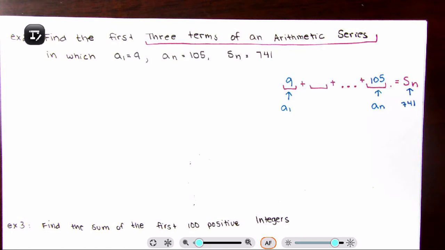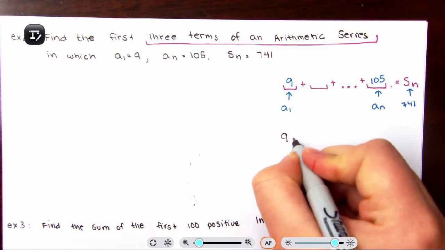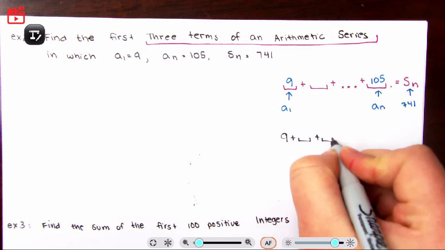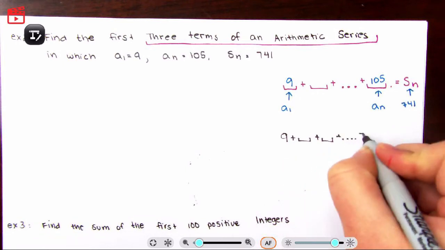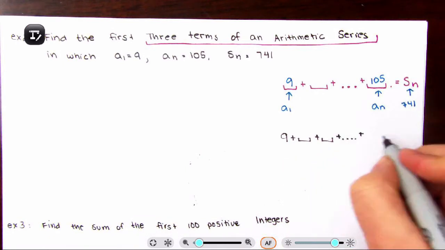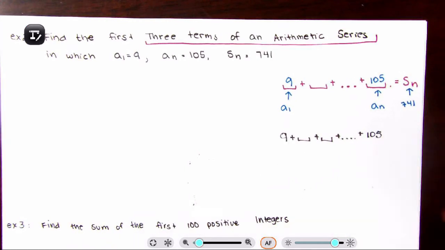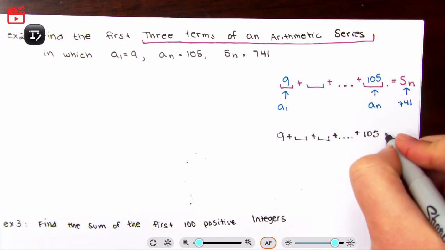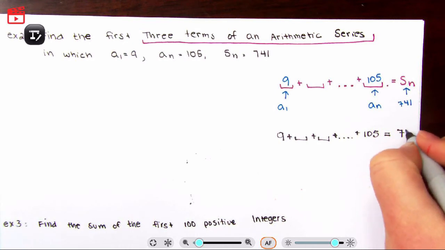So I'm going to rewrite that. This is what they told us: 9 plus something, plus I don't know how many more, because they didn't tell us what n is, but I know that my last term is going to be 105, and all of that equals 741.